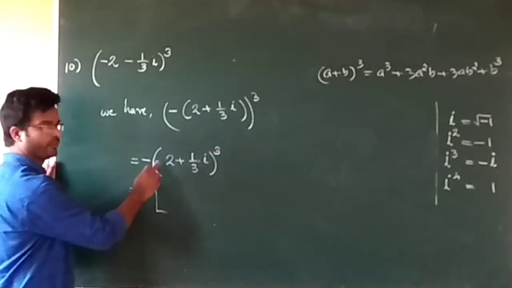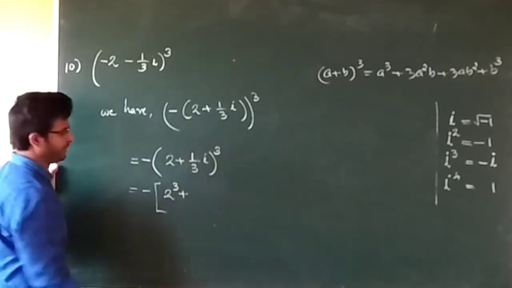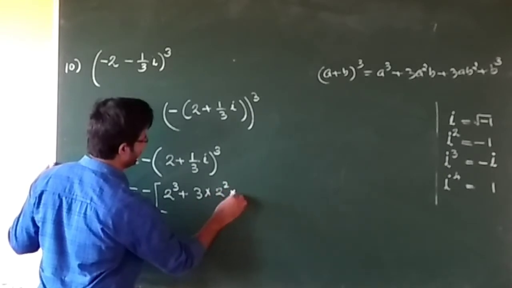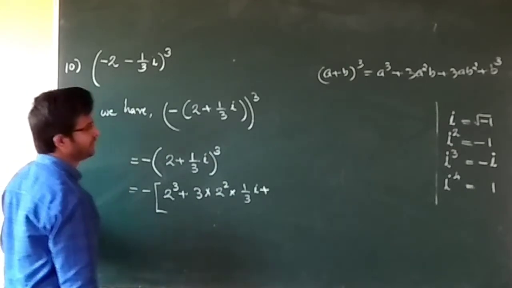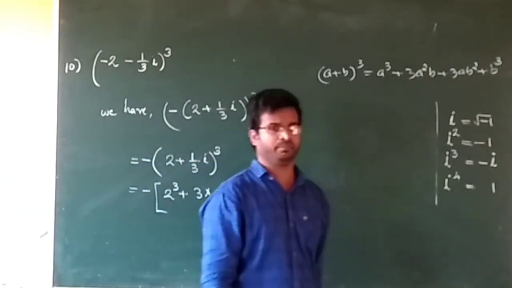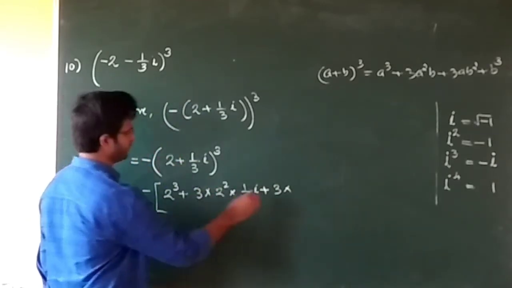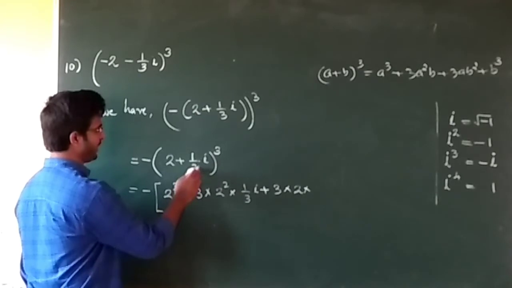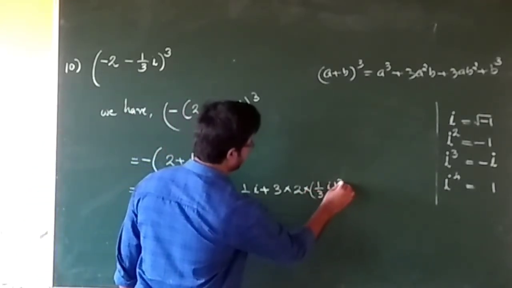a cube. a here is 2, so 2 cube. Then 3a square b: 3 into a square means 2 square, into b, which is 1 by 3i. Plus 3ab square: 3a means 2, b square means 1 by 3i square.